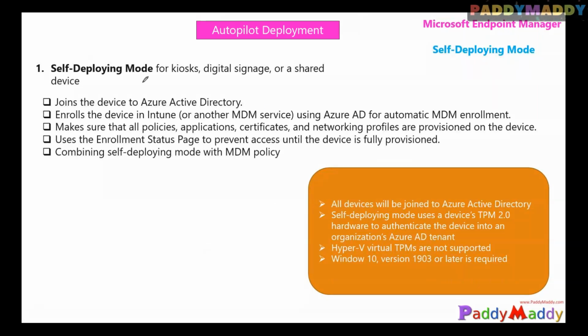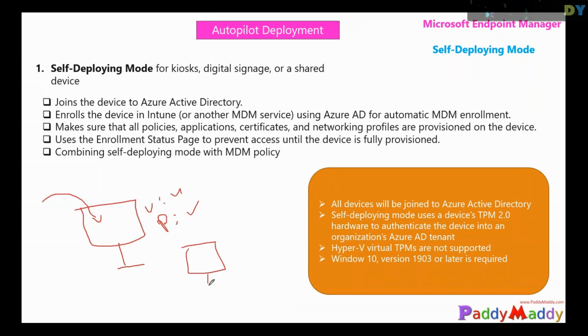User driven mode is when the machine ships, the user has to enter his username and password. Once it is entered, the user gets logged in on this device, and then the required applications will come from Intune based on your internet connectivity speed.